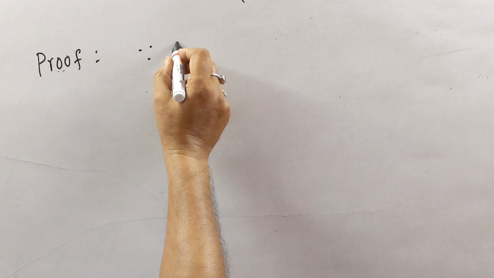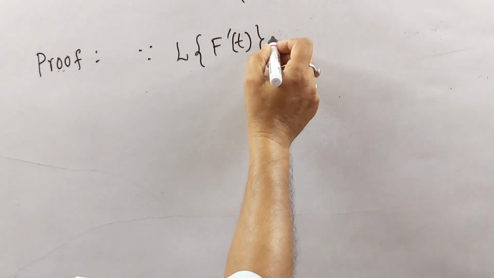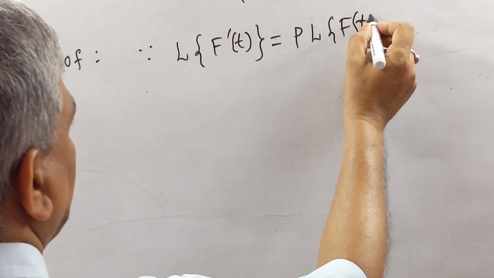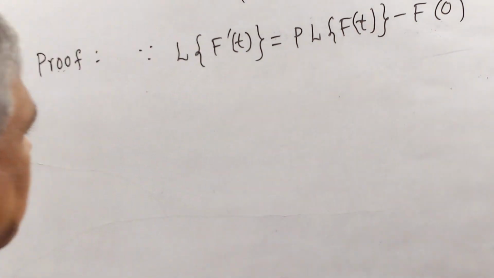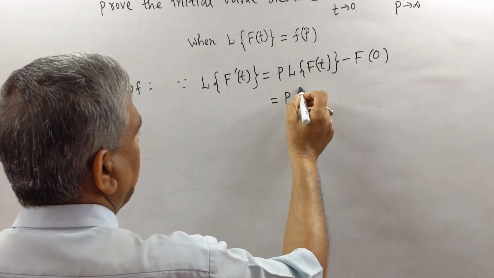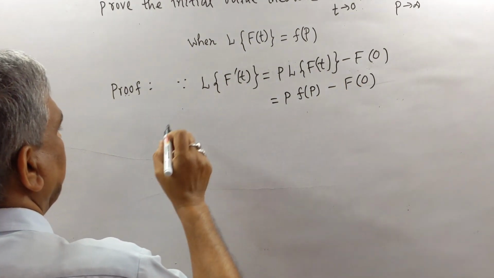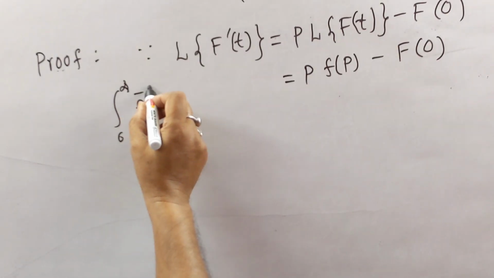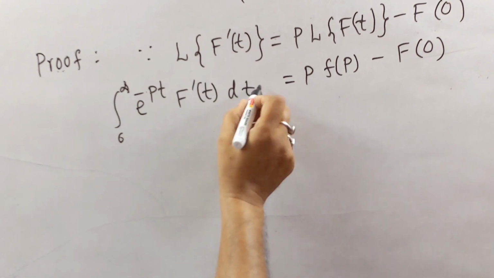Since the Laplace transformation of the derivative is p L{F(t)} minus F(0), equal to p times small f(p) minus F(0), and here we may write integral 0 to infinity e to the power minus pt f dash t dt.